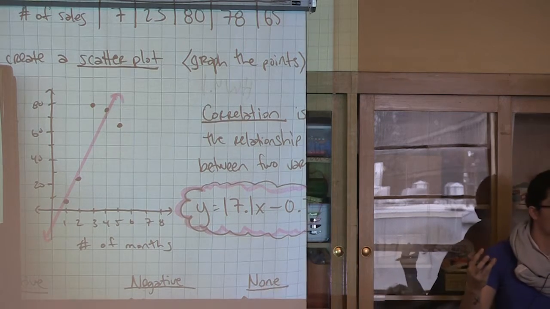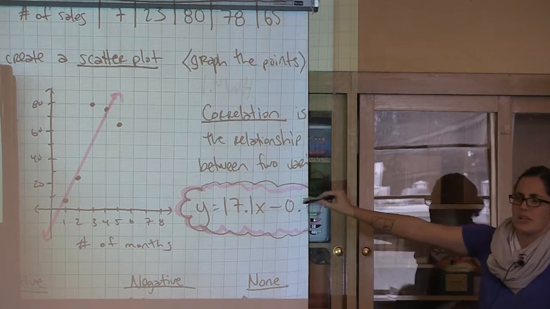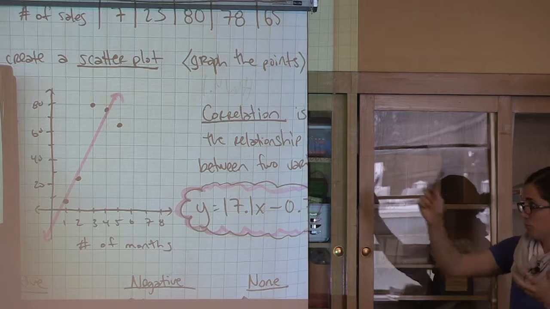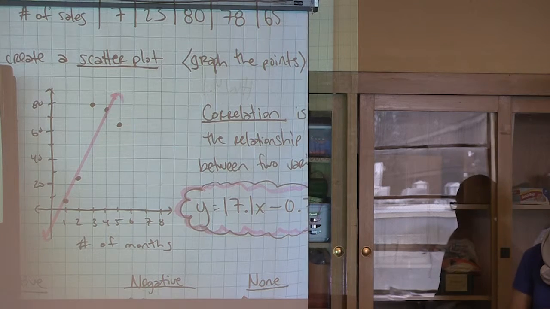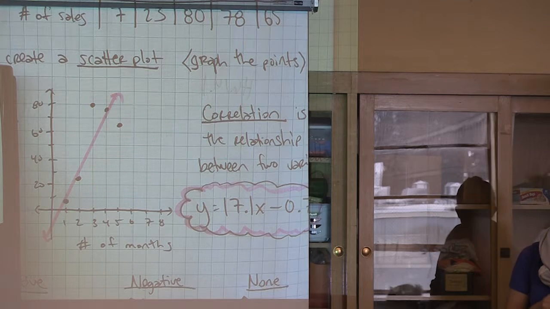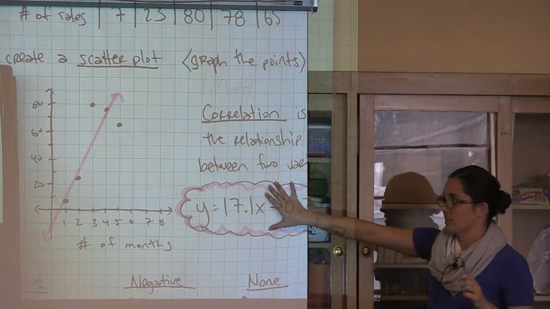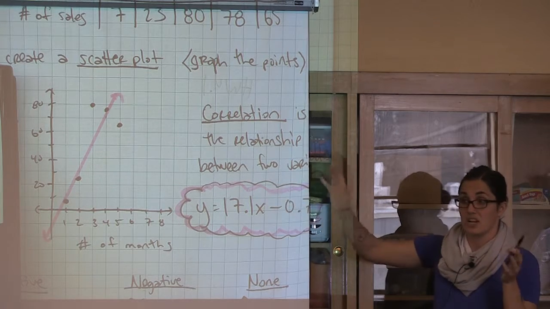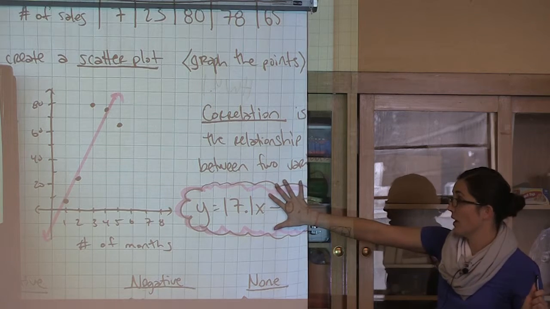This would mean that we sold negative 0.7 items at the start of our business. The real-life meaning doesn't make a ton of sense in this case.